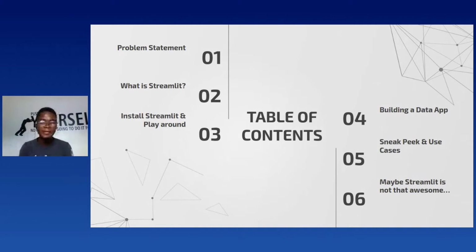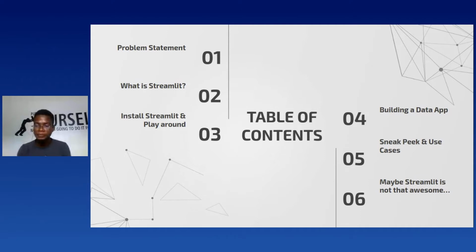In this talk, we'll go to the problem statement, why we need Streamlit in the first place. Secondly, we're talking about what Streamlit is all about. The next stuff we'll be talking about will be installing Streamlit, and we get to play around with some demo.